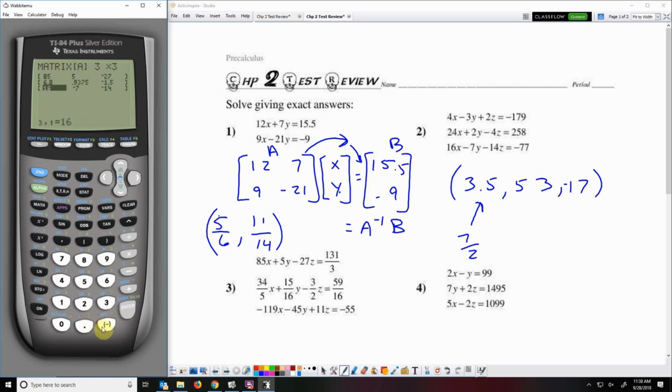And then the bottom row, negative 119, negative 45, and 11.